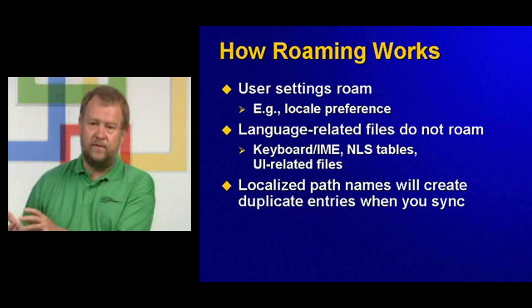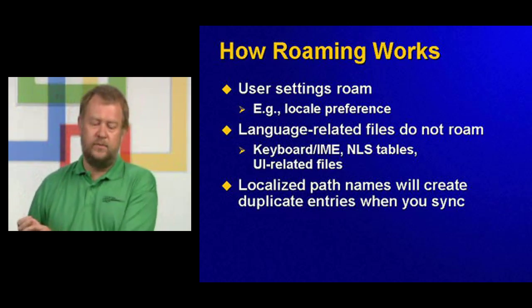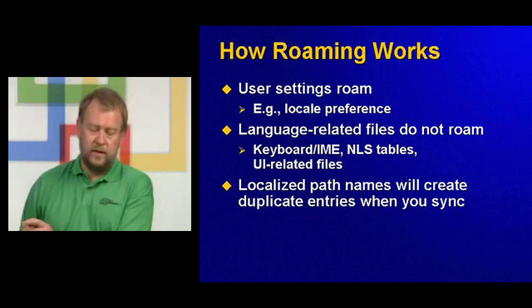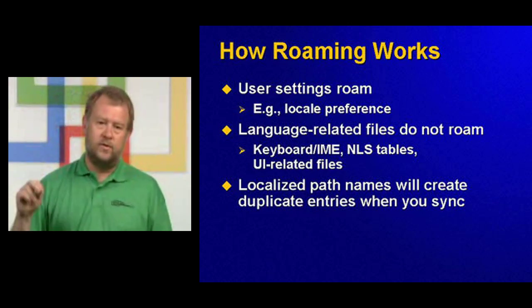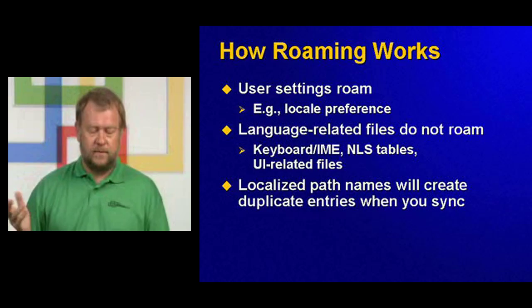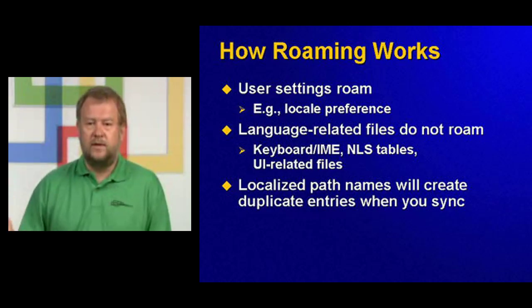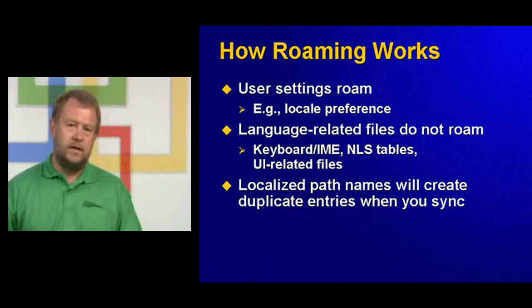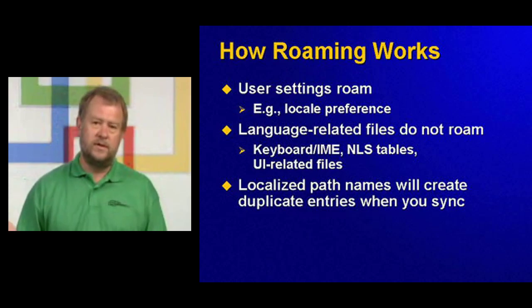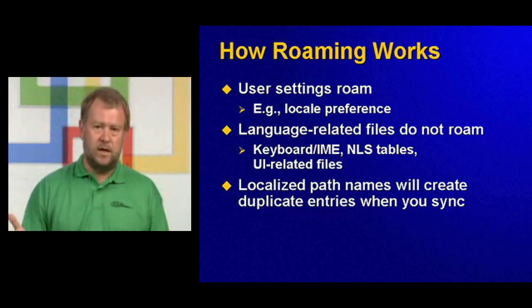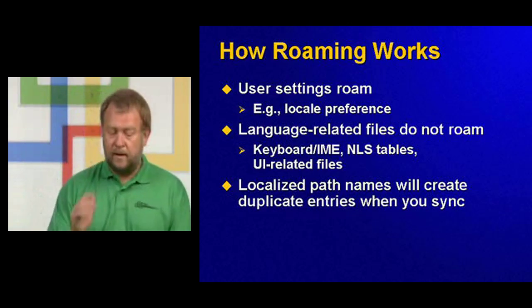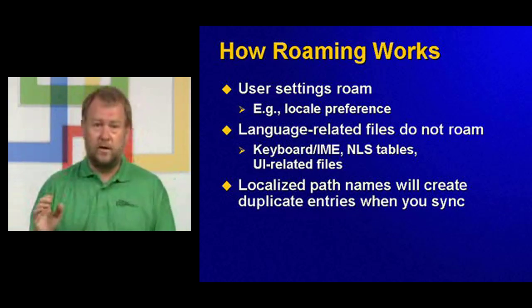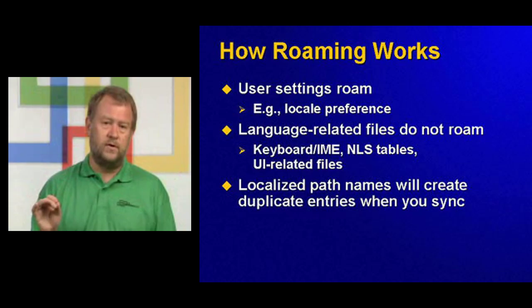But the files required for the Japanese input method won't necessarily roam, and therefore you might not be able to enter your name or Japanese text in general on the Korean operating system unless you've also installed the Japanese language group. So, and as I mentioned also, there are some special folders that are localized on localized versions.